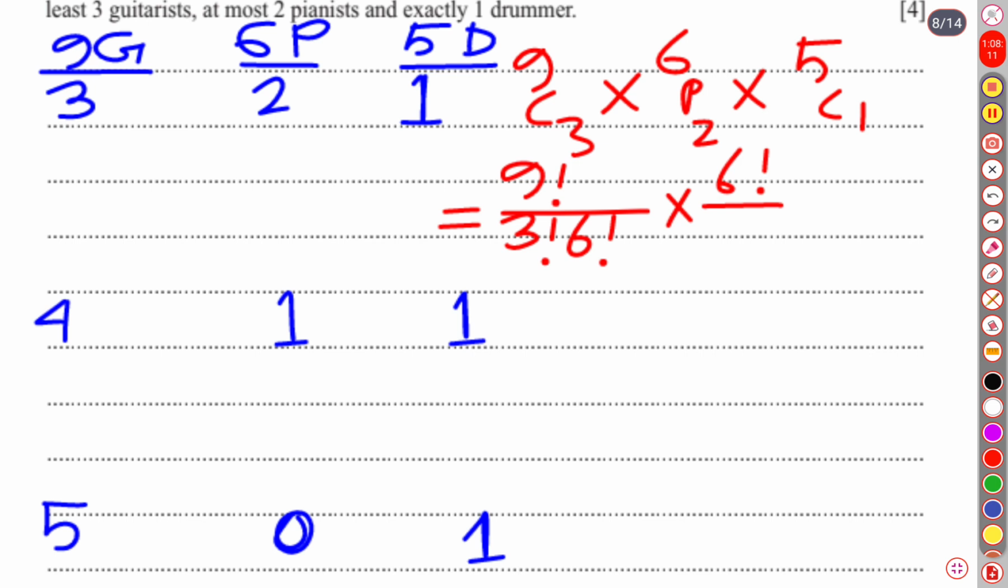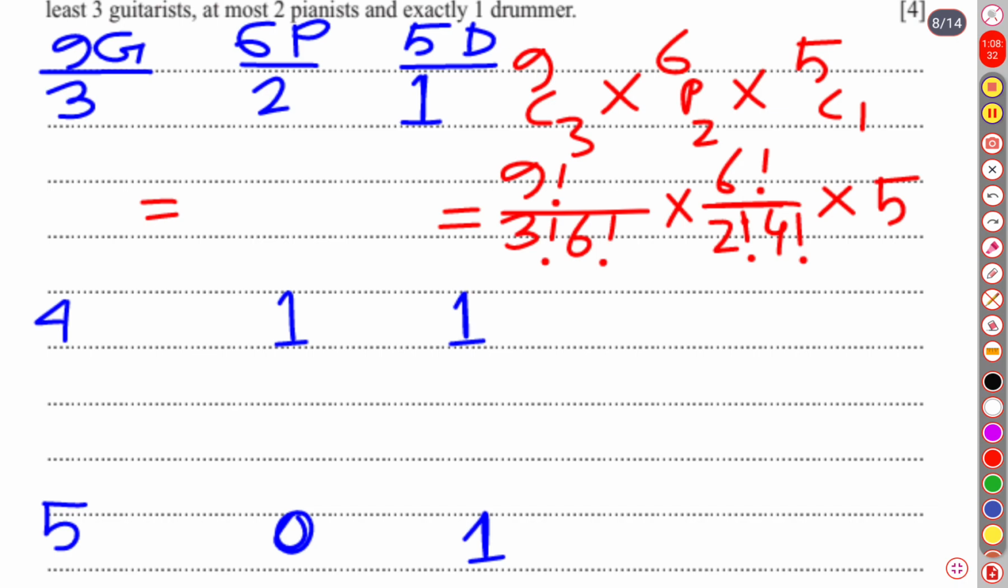And 5 choose 1: from 5 if we choose only one person, there are only 5 ways. So it is going to be equal to, let us write equal to over here.